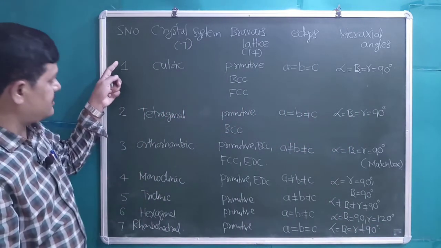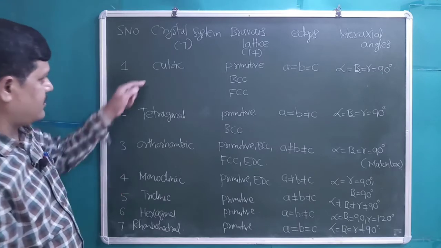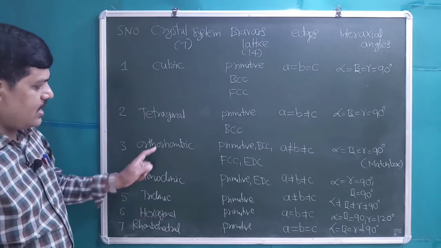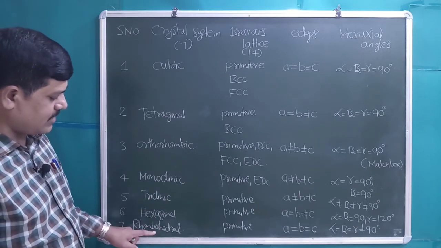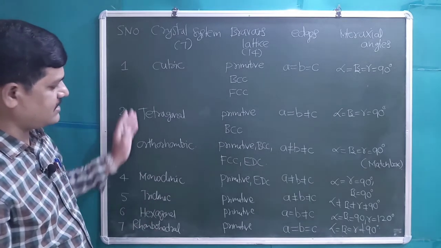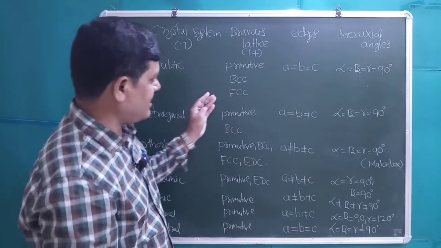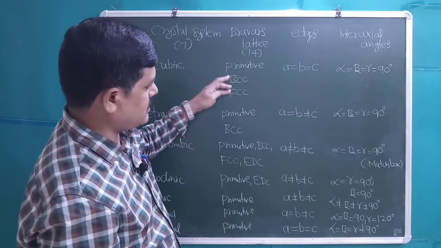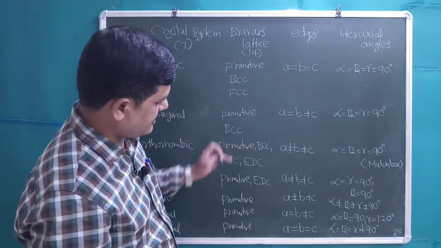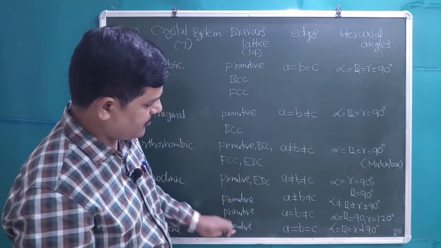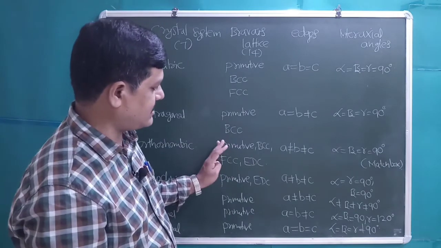So total 7 crystal systems are there: cubic, tetragonal, orthorhombic, monoclinic, triclinic, hexagonal, rhombohedral. Bravais lattices: 1, 2, 3, 4, 5, 6, 7, 8, 9, 10, 11, 12, 13, 14. 14 Bravais lattices are there.